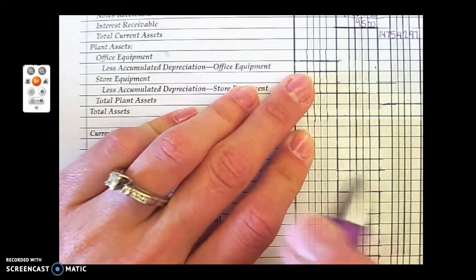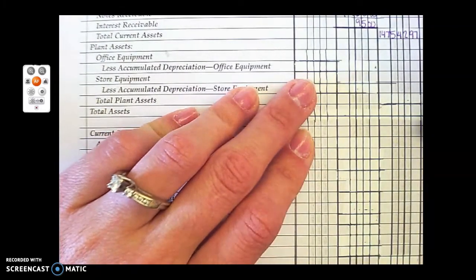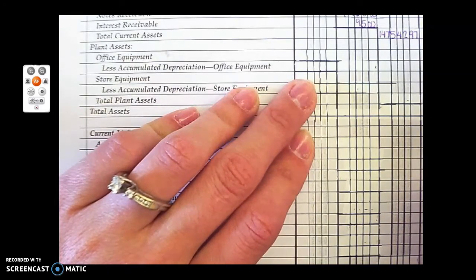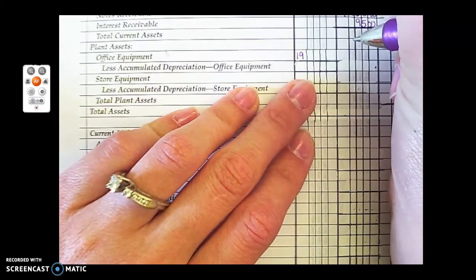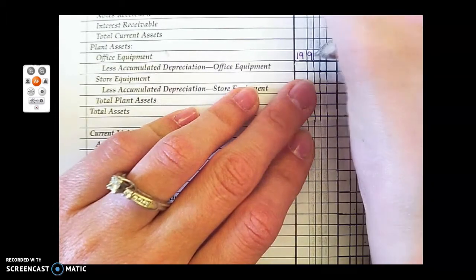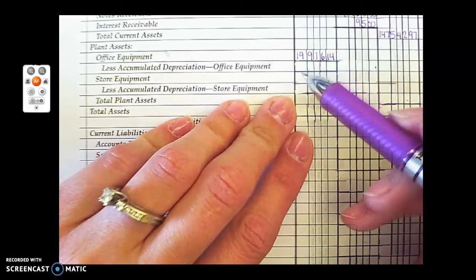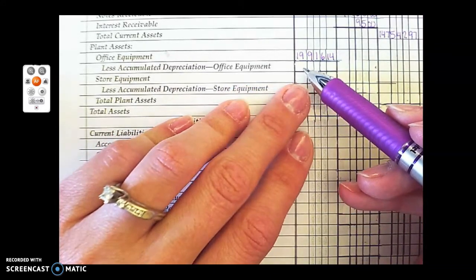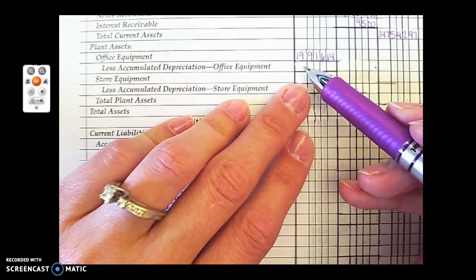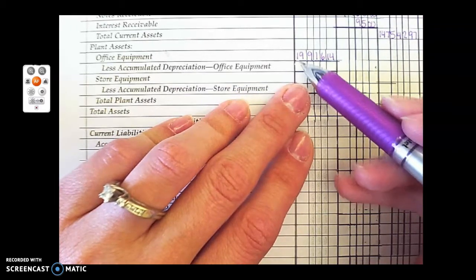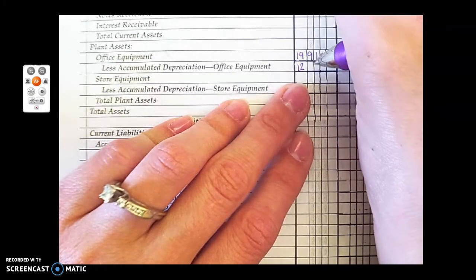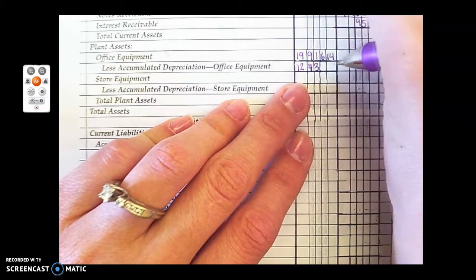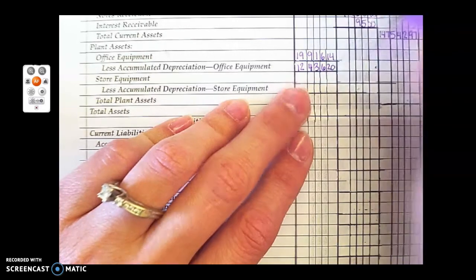Alright, so office equipment, and we're taking this from our adjusted trial balance. Office equipment is $19,916.14. And right underneath it, we will write our less accumulated depreciation for office equipment, which is a contra account to office equipment. It is $12,436.20.